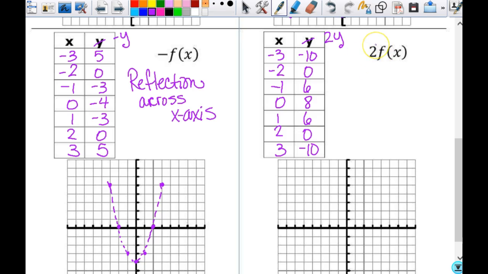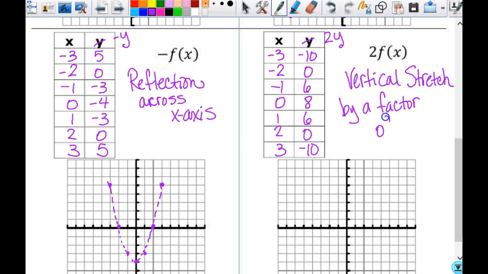So it's 2 times as much, so we're stretching it out, right? So this is a vertical stretch by a factor of 2. Which means my x values are the same, I've just stretched it up like it's a rubber band.